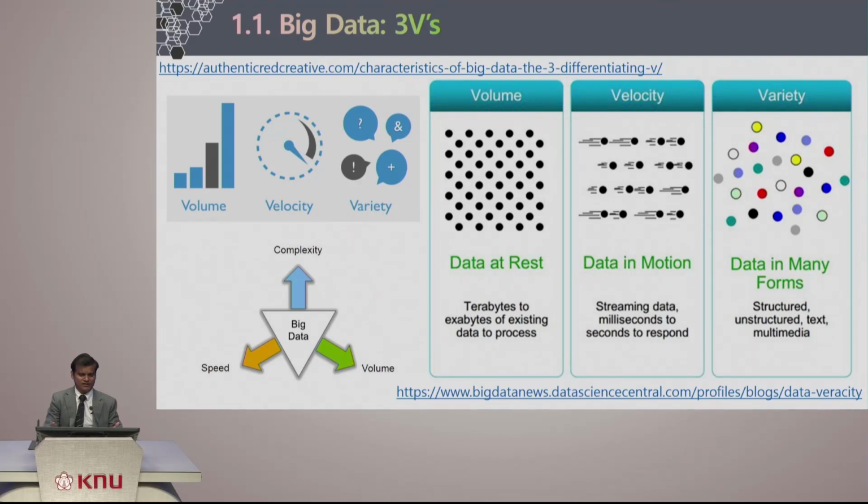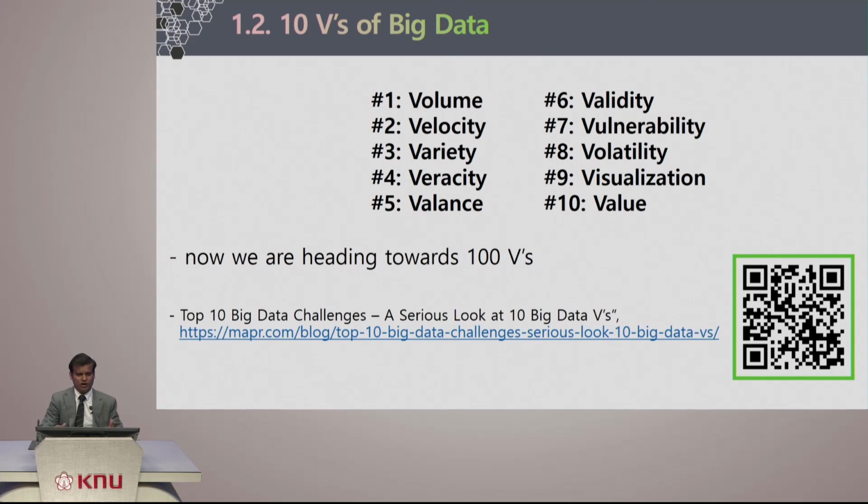These are the typical three V's: volume, which is a huge amount of data; velocity, the speed at which it arrives; and variety, the different forms that add complexity to big data. Well, we haven't stopped with these 3 V's. We are already into 10 V's.